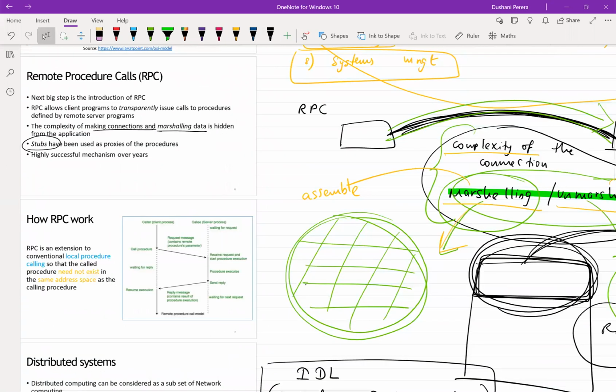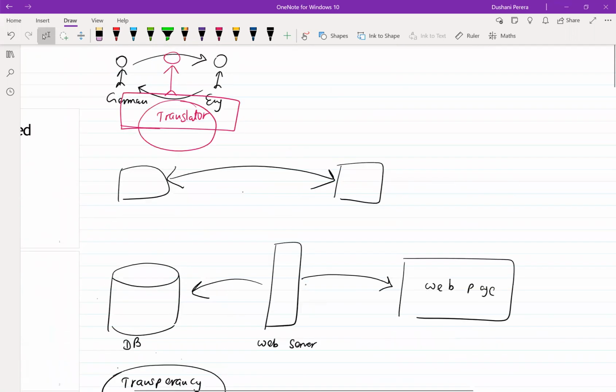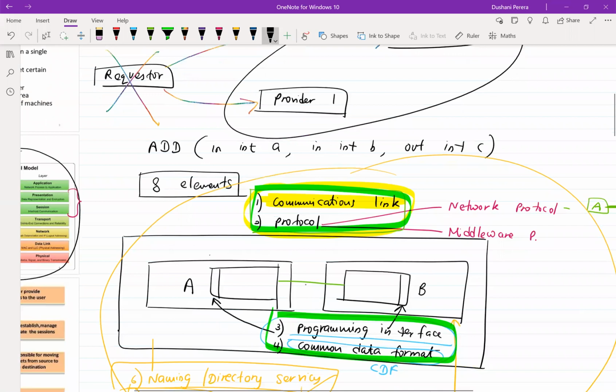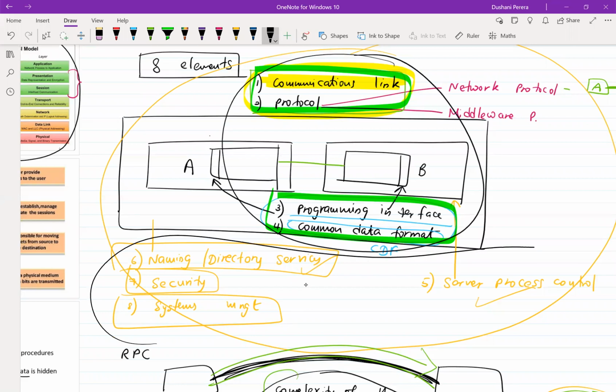Apart from the things in the slide set, what we discussed in addition to that today was about transparency, about the providers and all, and then the 8 elements in the middleware basic structure. So these 4 are enough to carry out the function.